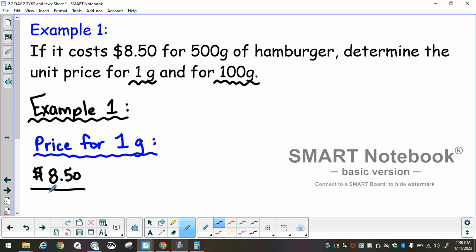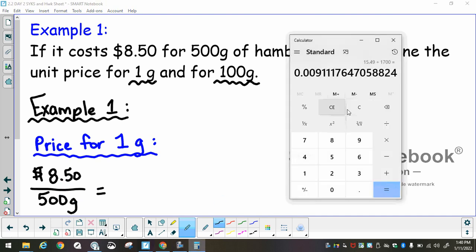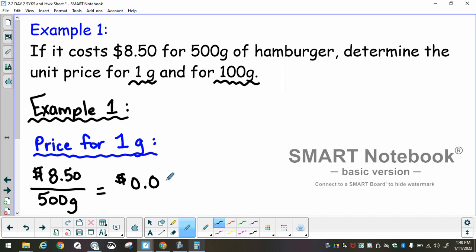So 850 divided by 500 grams is 0.017 dollars, which when I'm thinking money, that's like 1.7 cents. So that's like a penny and 7/10 of another penny. Okay, so that is the price for 1 gram of hamburger.